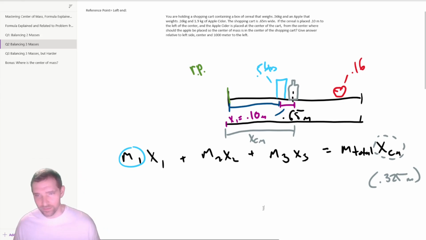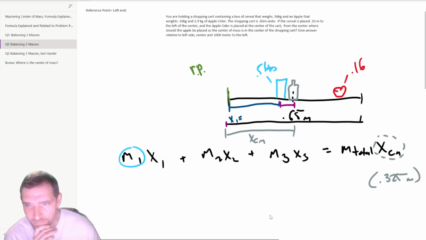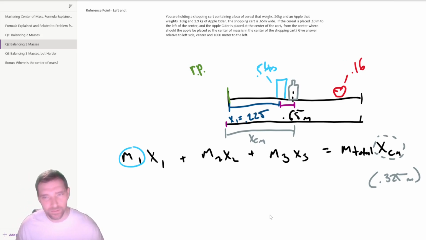So x1 is going to be 0.325 minus 0.10, so 0.225. That's something that wasn't directly given, but something that we can easily solve for.